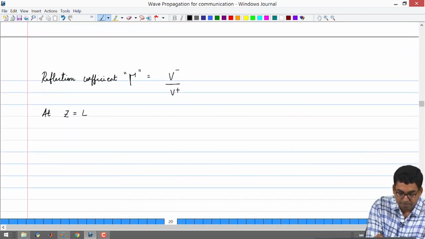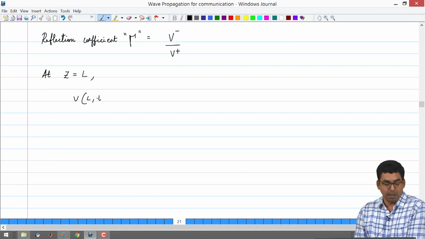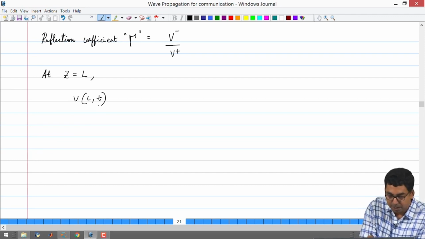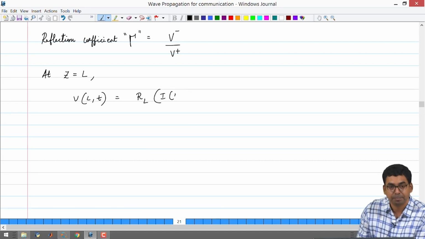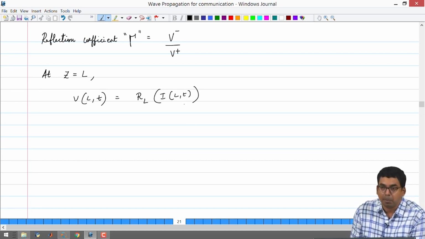So, at Z equal to L, I can write down the voltage V of Z comma T, Z equal to L, is going to be equal to, by Ohm's law, RL times I of L comma T. At the load end, I am just applying Ohm's law. The voltage is going to be equal to current times the resistance at the load.